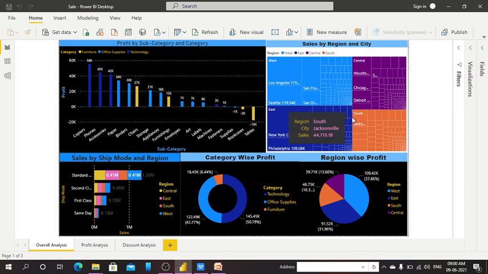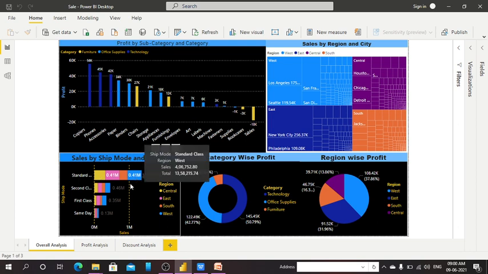So I can report to the business, so they can come up with a good marketing strategy in the south and central regions. I am also analyzing sales by ship mode and region-wise. Standard class has very high sales and same day has the lowest sales.